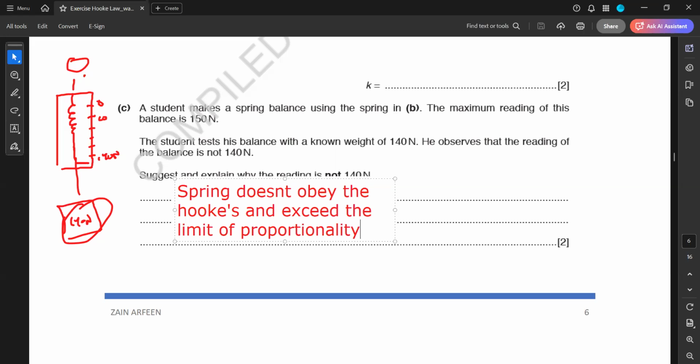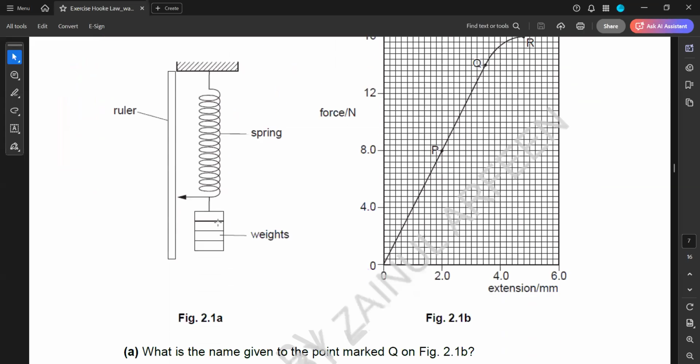Yeah, 1 mark is for writing the spring is not obeying Hooke's law, or that force and extension are not directly proportional. The second mark is for writing that it exceeds the limit of proportionality, or you can also say the elastic limit. That's the second point. So it is important to write the second point that it exceeds the elastic limit.